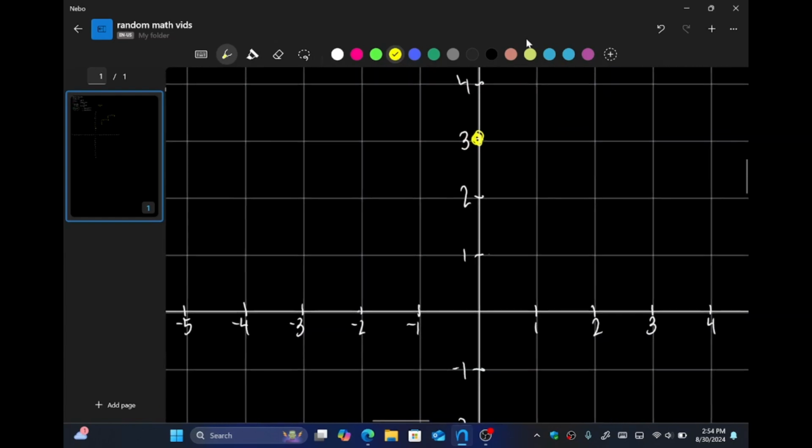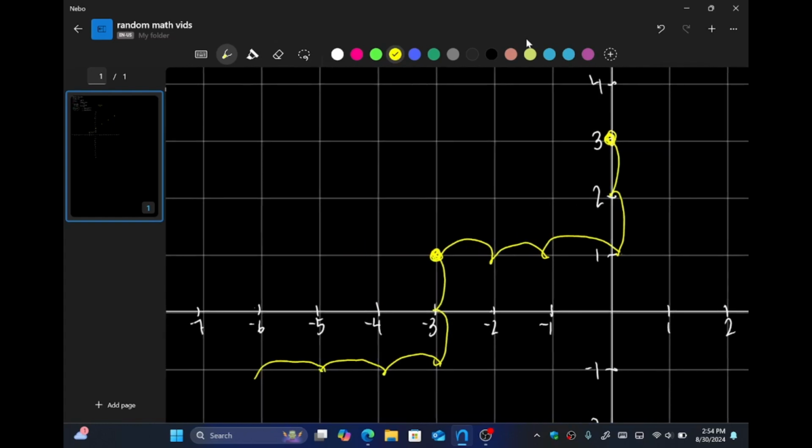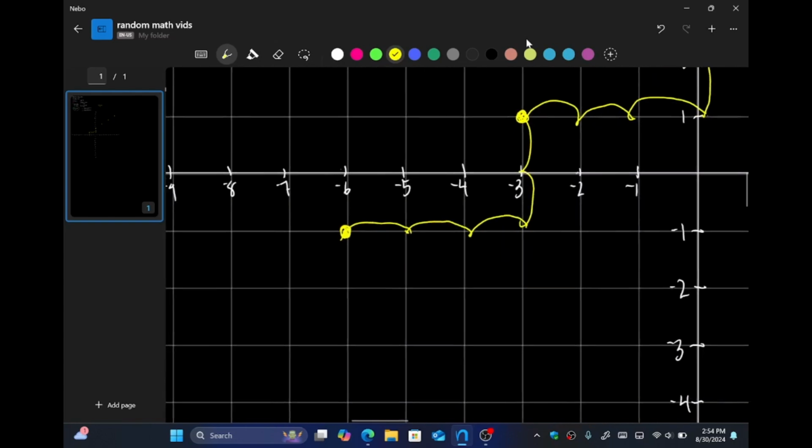And then what you're going to do is go down 2 and to the left 3. So 1, 2, 1, 2, 3.